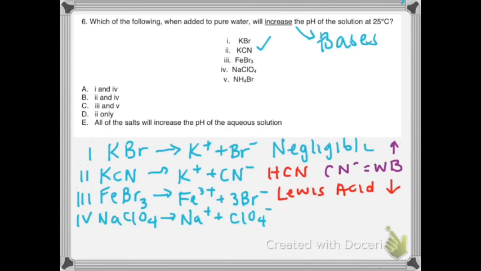So sodium is going to be negligible. And the ClO4 minus ions, or perchlorate ions, come from perchloric acid, which is a strong acid. So those are also negligible. So dissolving this will have no effect on the pH.